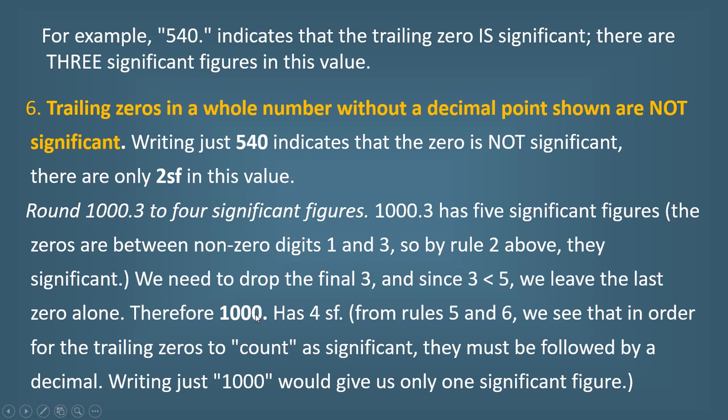But the moment we place there this decimal point, it makes these zeros significant, and therefore the value will now have 4 significant figures. I hope you have understood that.